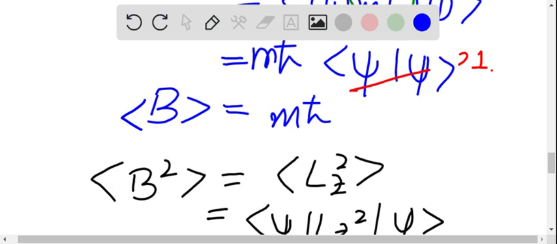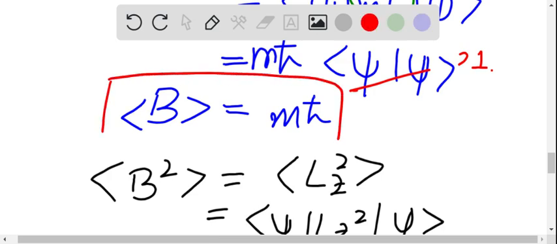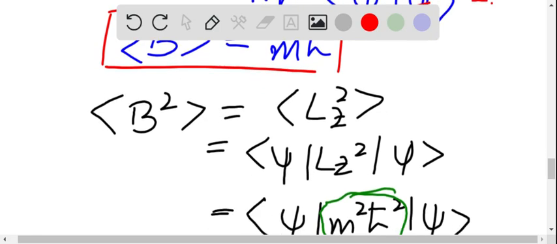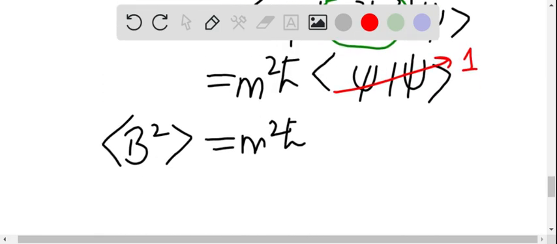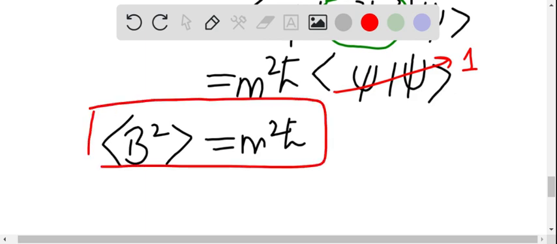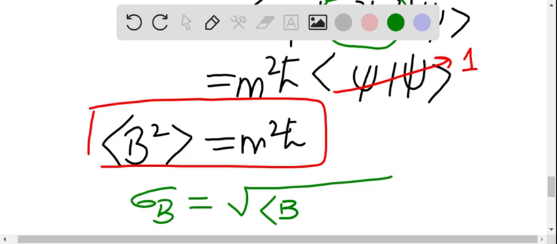Now what we are going to do is use both of these values and plug them into the equation for sigma sub b. So sigma sub b is equal to the square root of the expectation value of b square minus the square of the expectation value of b.